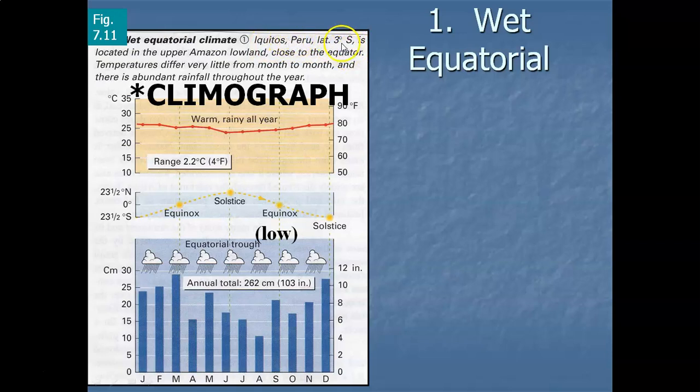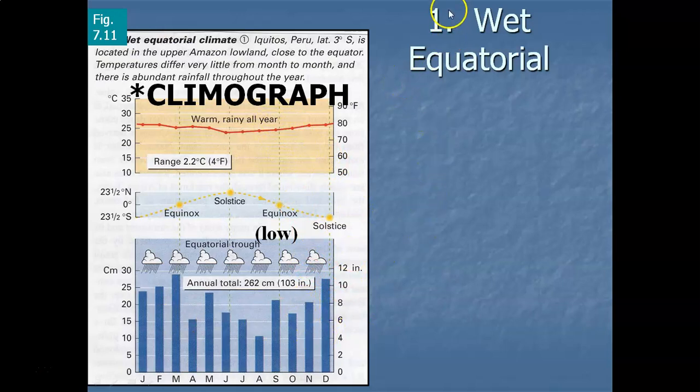And so we've got a climograph representing this world climate. And what we're going to be doing is just making general statements about the temperature and precipitation regime of each climate and why: the mechanism producing the temperature regime and the mechanism producing the precipitation regime.